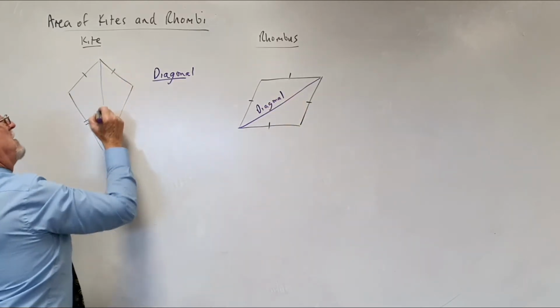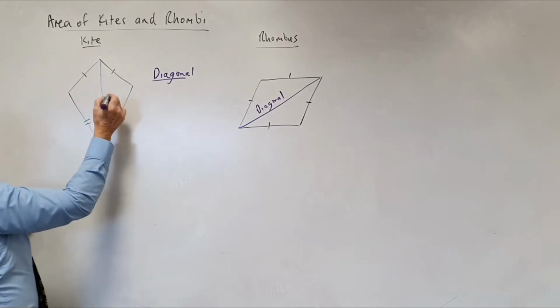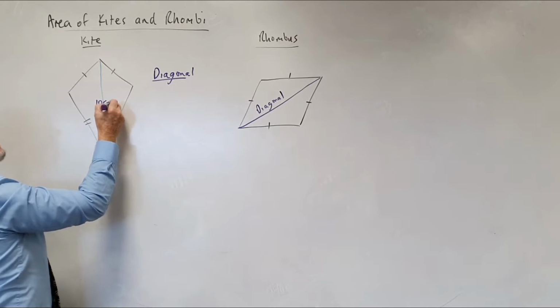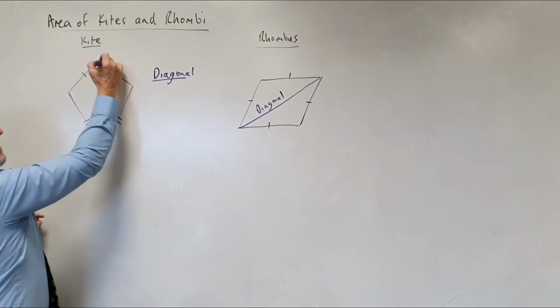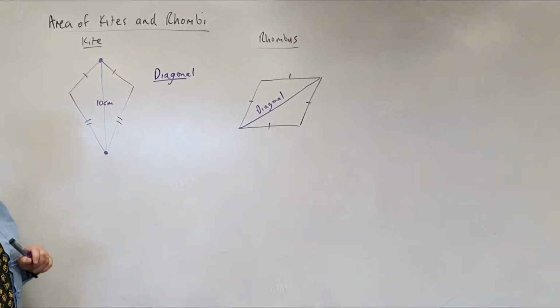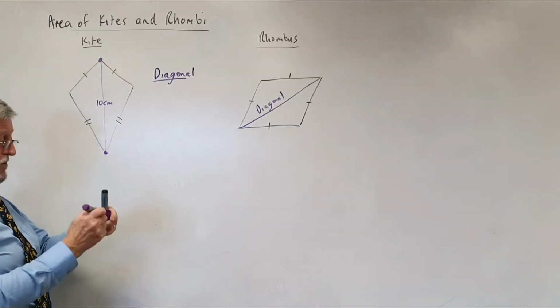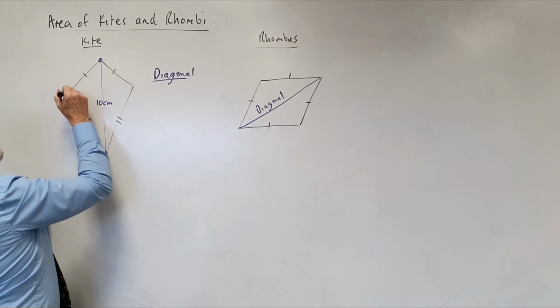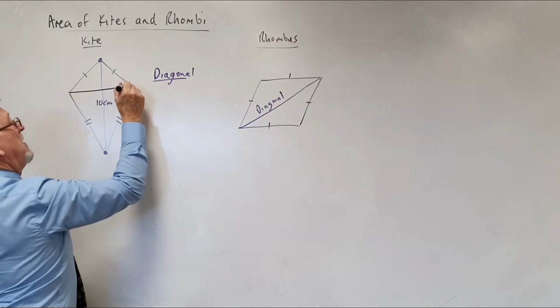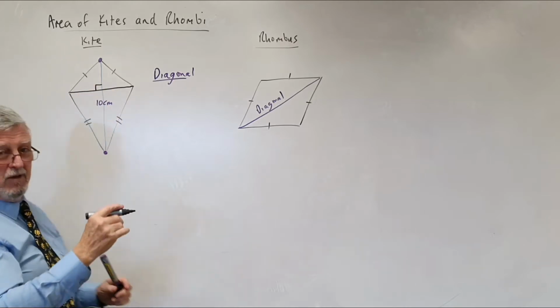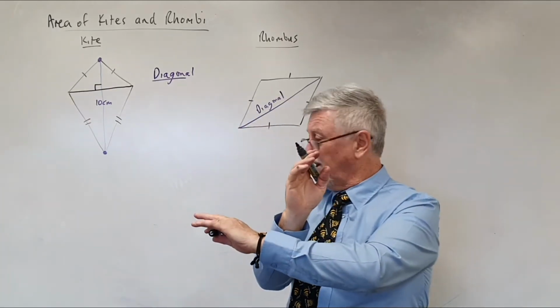So if I go down this one here, let's make it easy numbers. If I made that, for example, 10 centimetres, all the way from this corner to that corner is just called a diagonal. So I'm going to use that 10. But if you look across here, if I put the other diagonal across there, even on a freehand diagram, you can probably see that they meet in right angles, and we're back to the two numbers that meet in right angles.